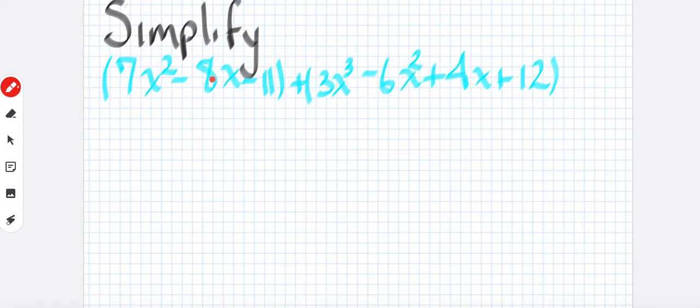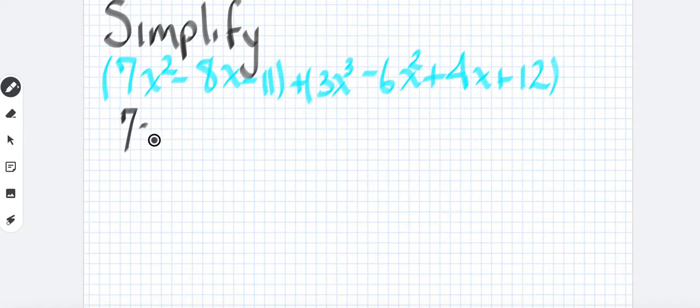Now let's check how to do it with just simplifying or adding this expression. So because we're here adding and subtracting, what I can do is just take off the parentheses, right? So I'm going to write the expression pretty much the same, just without the parentheses.